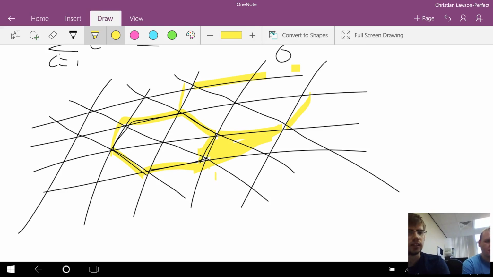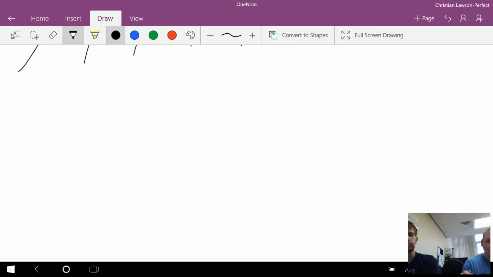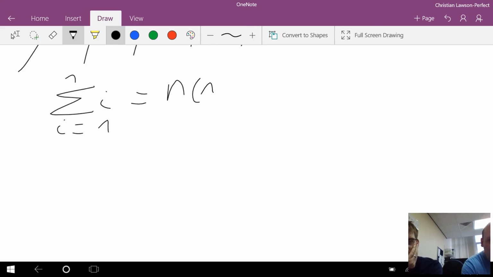I'll show you something else cool. Okay. Totally unrelated, that everyone would have seen. So the sum of i from i equals 1 to n is equal to n times n plus 1 over 2.